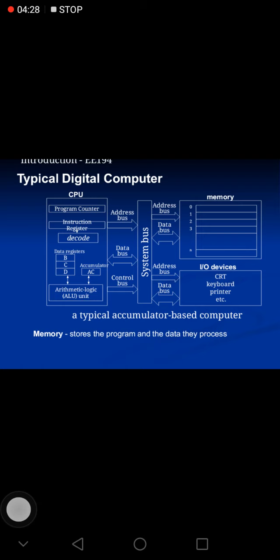We use them to output or to input information from the users, or from the system or computer to the users. Dalawa yan siya, it may be input or output.